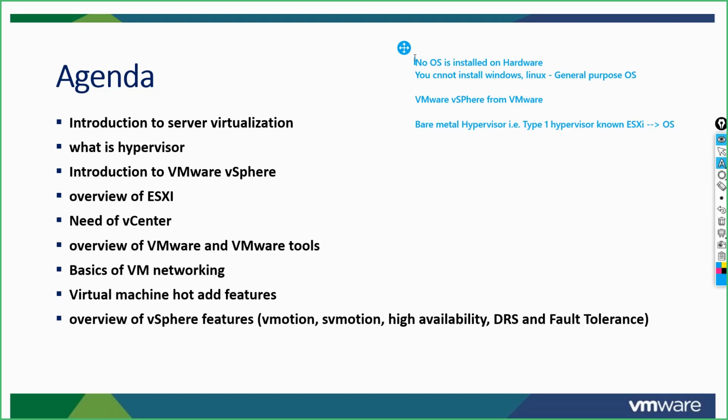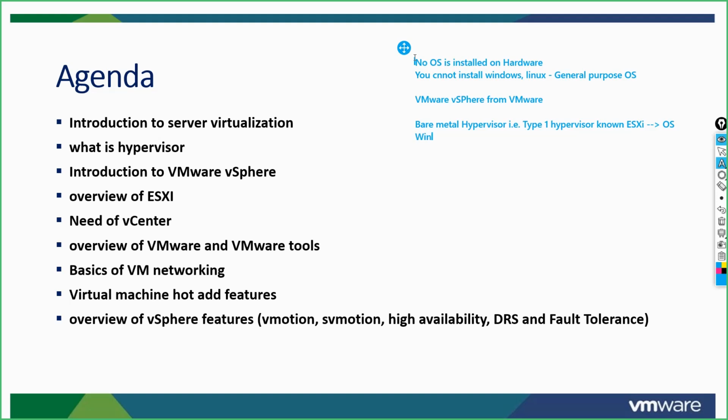Remember, the OS is dedicated only for virtualization, and this is the reason it is called a hypervisor. ESXi is a very robust and reliable operating system, not like Windows.